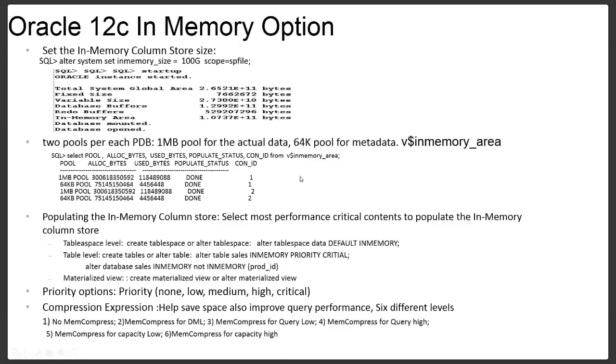The second report shows you which top objects need to be placed in memory, what compression option you need, and the estimated benefit. Here you can tell that this district table has the most benefit if you put it into memory.